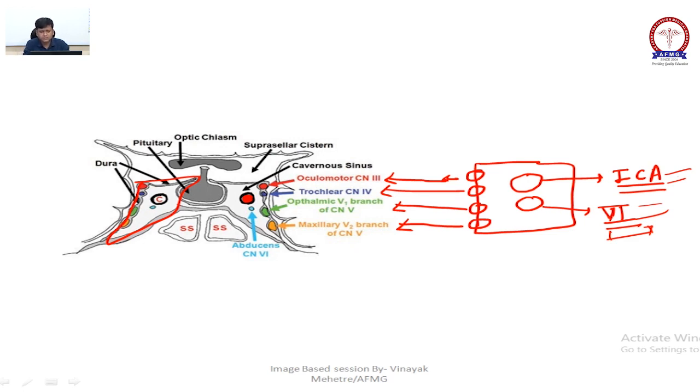If you get such a question and you need to choose one, then you will choose sixth or ICA. And if there is a question like structure passing through the cavernous sinus is third, fourth, sixth, all of the above, then you will choose all of the above. This question came recently, so remember it.